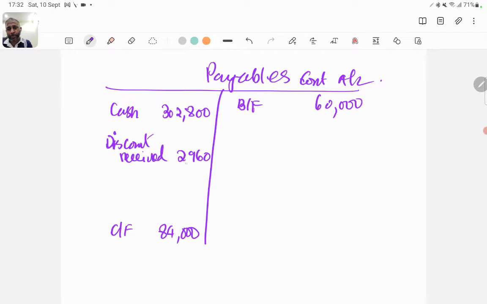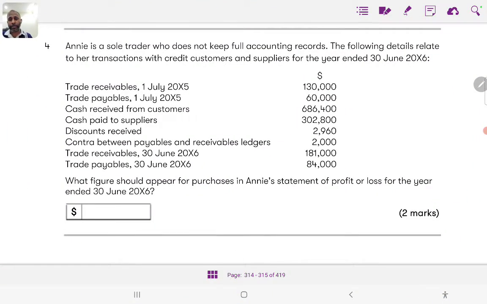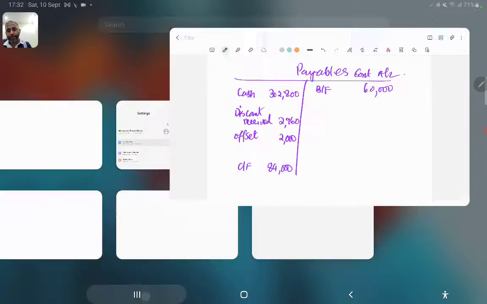Discount received is when a supplier is offering you a concession when you are making a payment and allowing you to pay less than the agreed invoice amount. The difference is discount received. Contra between payable and receivable, 2,000. So this is an offset, we call it the contra. That is 2,000. And what else do we have?